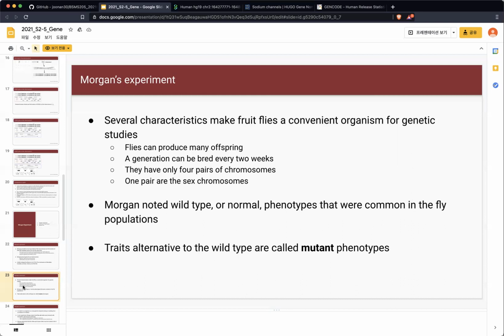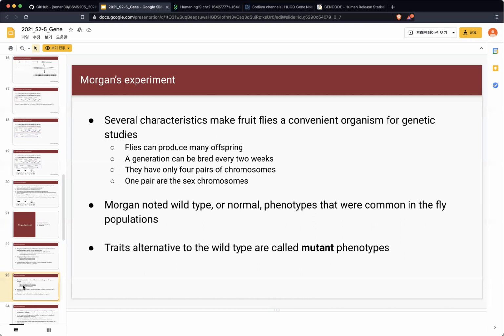All of these characteristics gave an advantage to the fly experiment in Morgan's idea, and that worked quite well at the time, and in these days as well. So using a model system always gives you a new dimension to describe biological phenomena in our field.